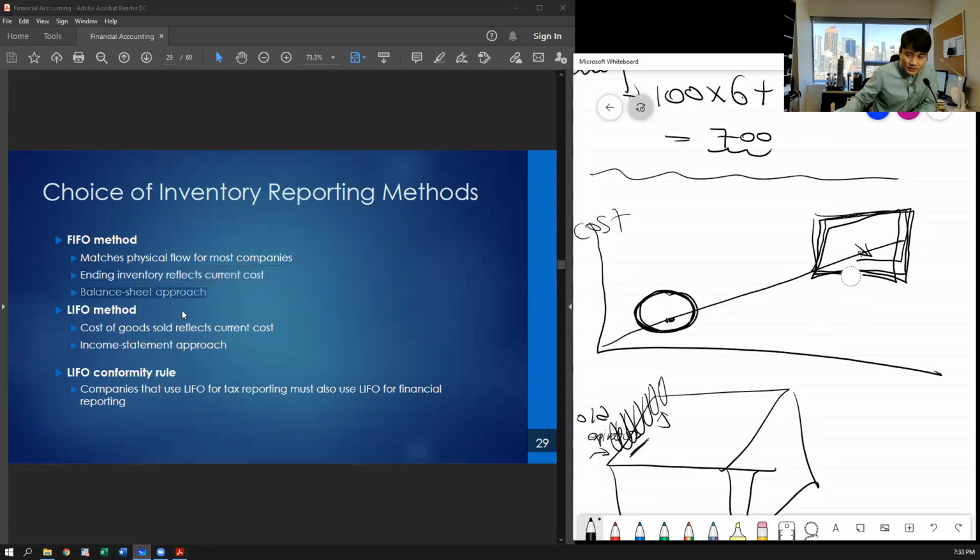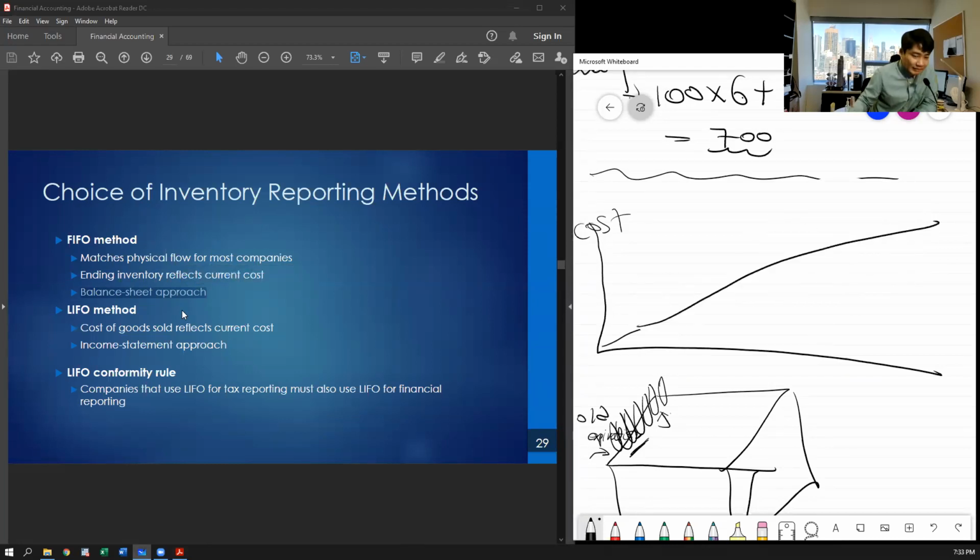Now, if I just erase this and change to the LIFO method, what that means is that as you're selling your items, most of the items being sold are going to be centered around here. And what that means is that the ending inventory will be mostly older items with lower cost, for example.